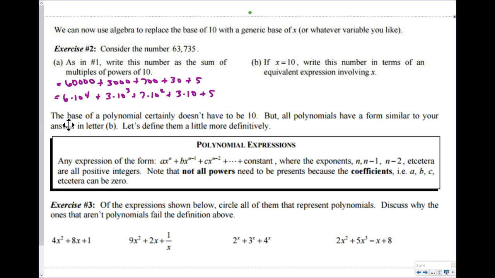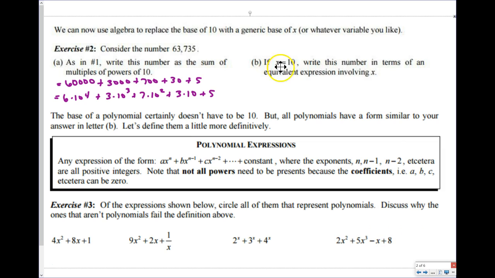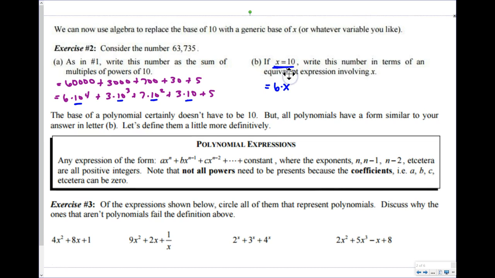Okay? Now part B says, if x equals 10, write this number in terms of an equivalent expression involving x. So wherever I see a 10, what am I going to write? X. So I see a 10 here, a 10 here, a 10 here, a 10 here. So I'm going to have 6 times x to the 4th. Oh, sorry.